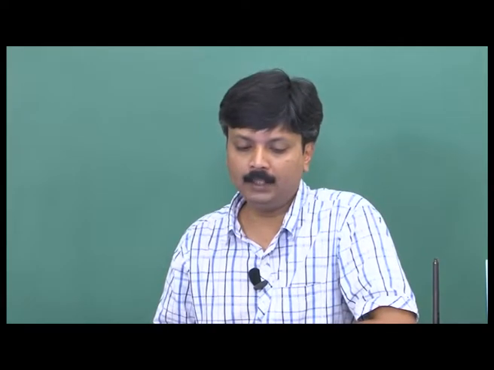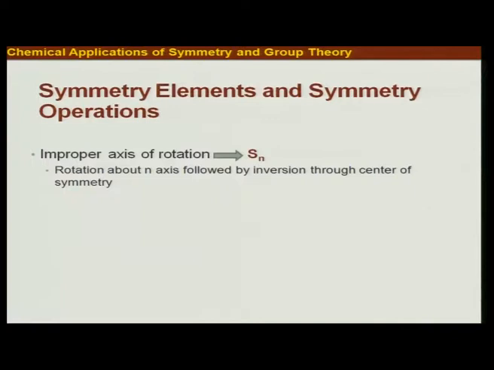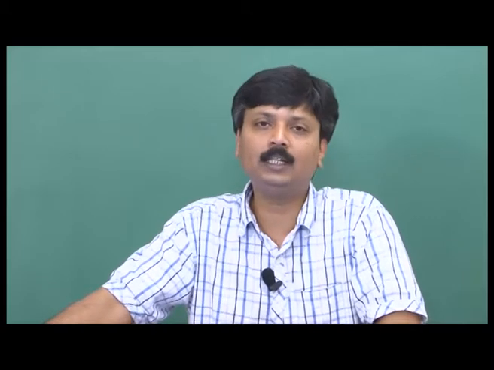The next symmetry element is known as improper axis of rotation. This is a symmetry element whose symbol is Sn, S subscript n. We have something called improper, because initially we started with proper axis of rotation, and I told you to find the meaning of this proper.